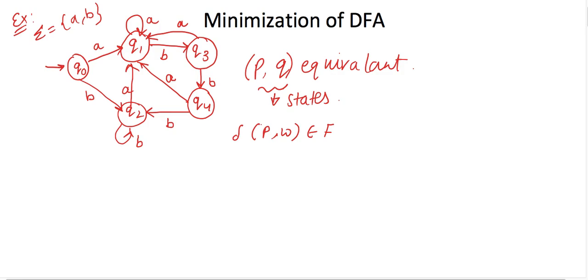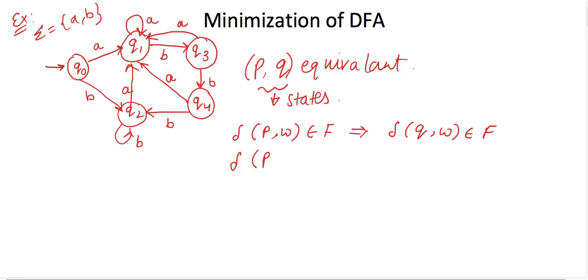I have given the transition function on state P. Upon scanning the whole string W, if I reach a final state, it implies that at state Q, upon scanning W, I should also reach one of the final states. It means both are functioning in a similar manner.